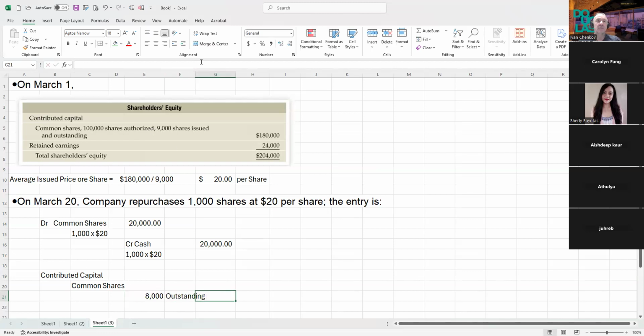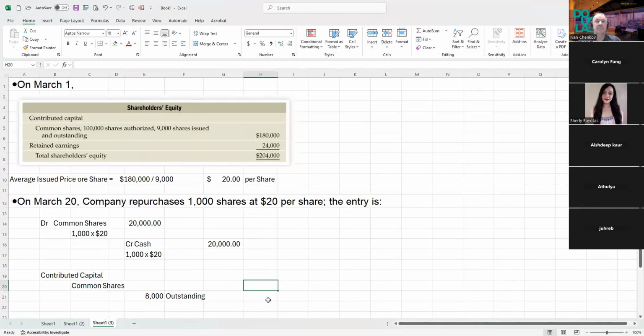And what's the total amount of those common shares? It used to be 180,000. We purchased 1,000 shares for 20,000. So what's the amount now for the common shares sitting in the contributed capital? Any guess? 160,000.